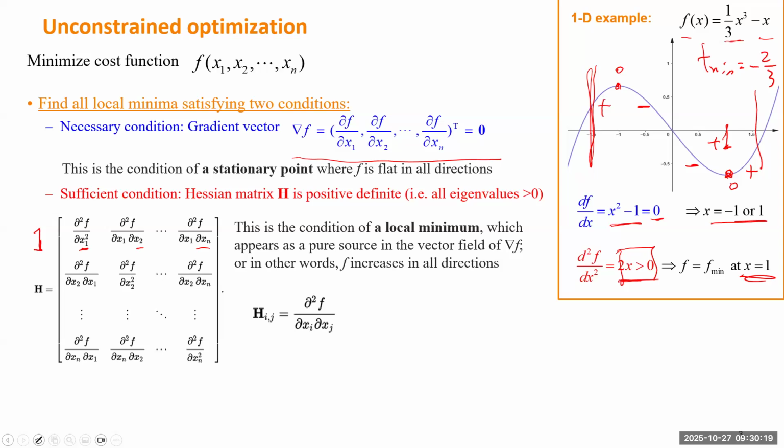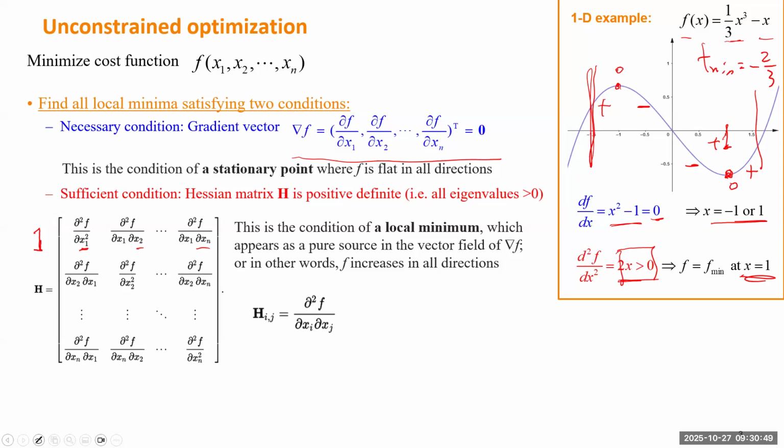If you want to visualize what this local minimum looks like, you can draw the state space of all the variables and indicate the direction of the gradient. At this point, f increases in all directions. So a stationary point means that at this point it is flat, or the slope in any direction will be 0.